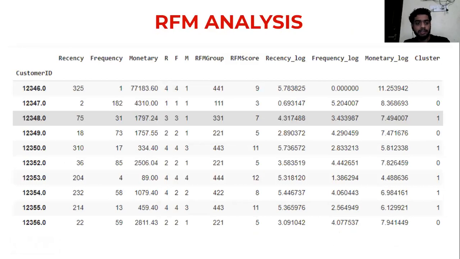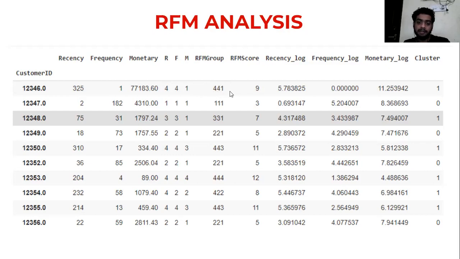Here we see our columns: customer ID, recency number, frequency number, and monetary value, and we generalize them to the R score, F score, and M score. After that we combine them into an RFM group, and we add them to get a single value.